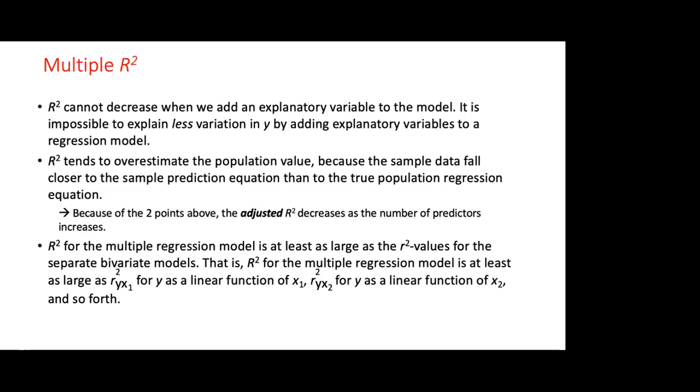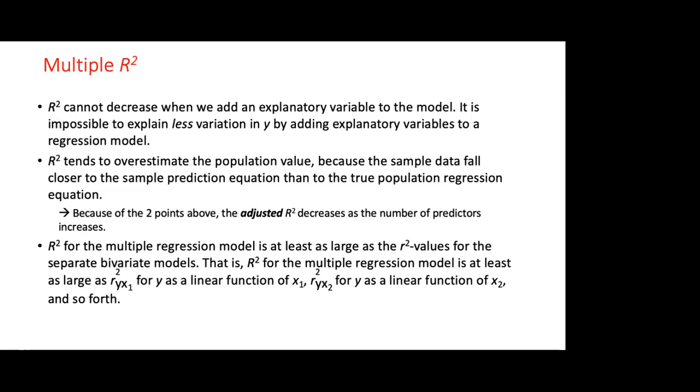So R squared cannot decrease when we add another predictor to the model. It is impossible to explain less variation in our outcome when we're adding another predictor to our regression model. And we know that R squared tends to overestimate the population value anyway, because it cannot be smaller than 0.